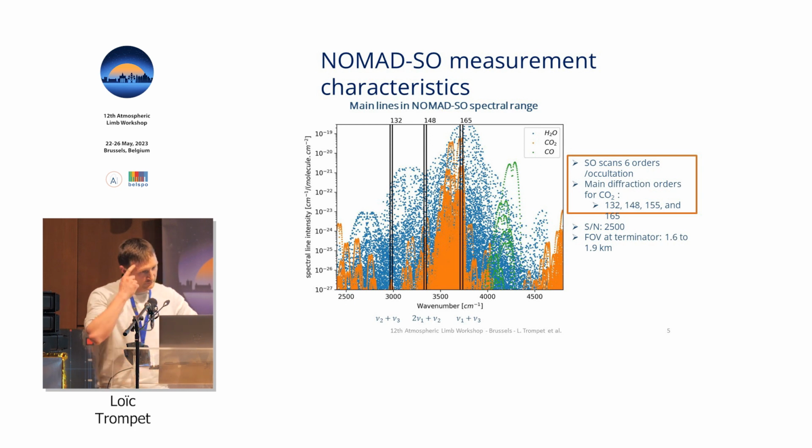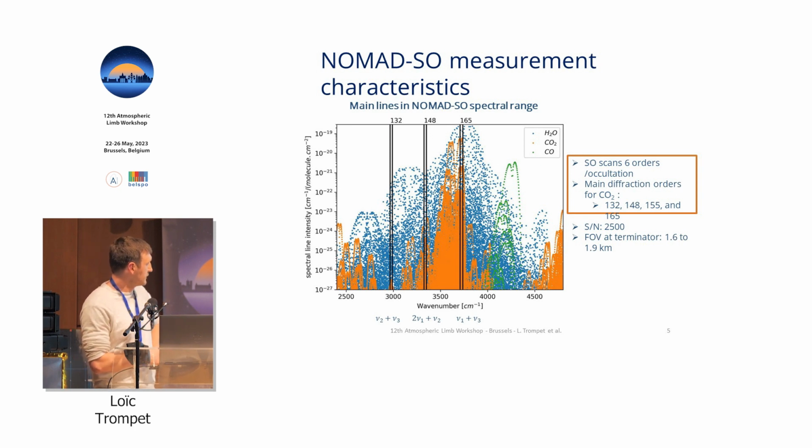During an occultation, SO scans up to 6 diffraction orders, and some diffraction orders are specific for water, some for CO. You have water in most of the spectral range of NOMAD SO, but there are some that are better because the water lines are less sensitive to temperature.